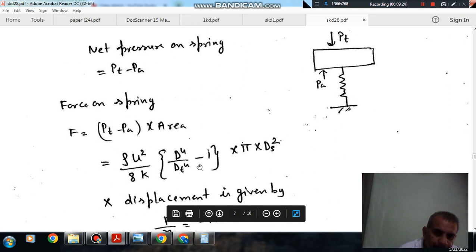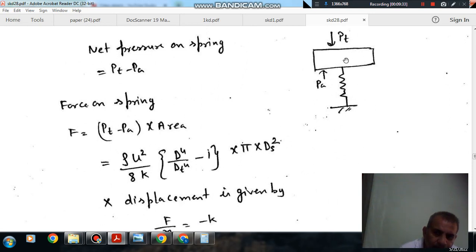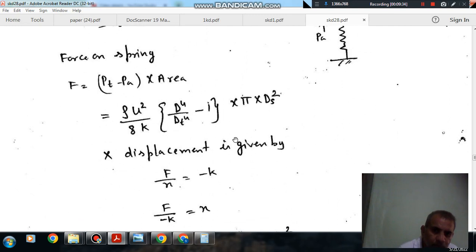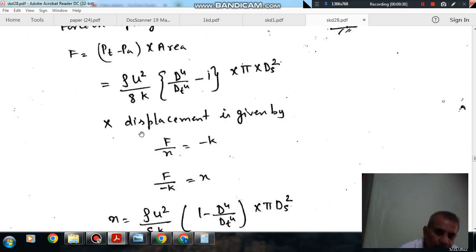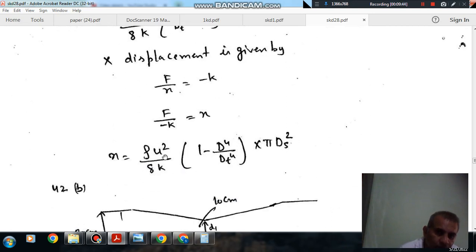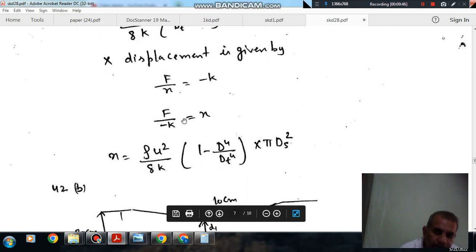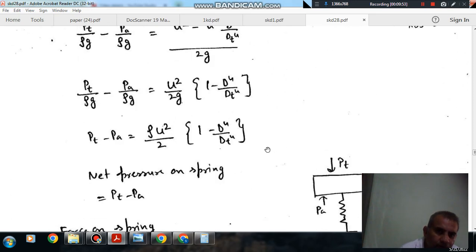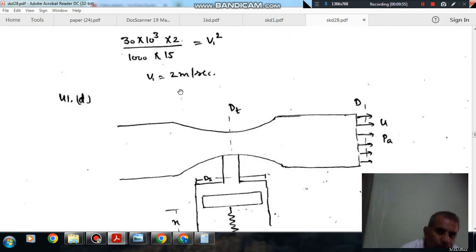Force F is Pt minus Pa multiplied by area pi by 4 ds square, where ds is the diameter of the piston. If K is the stiffness of the spring, then F by X is K. Putting in the value of F, X comes out as rho u square by 8K, and we get this. So the answer is option D.